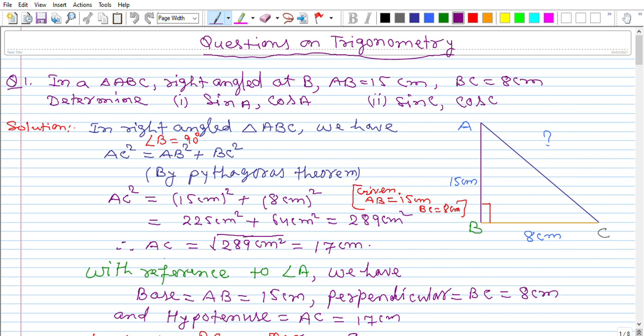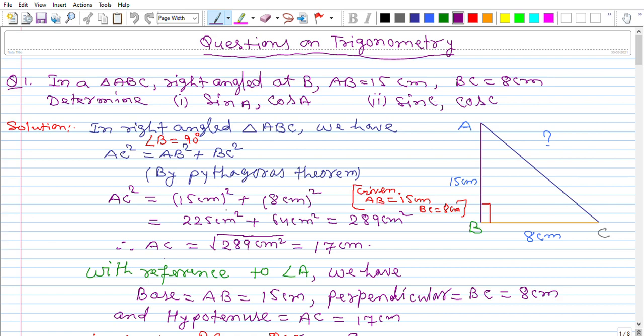What we are going to determine is, first, sin A and cos A, second, sin C and cos C. By this question you understand, first we will take acute angle A, and in the second step we will take angle C as an acute angle.